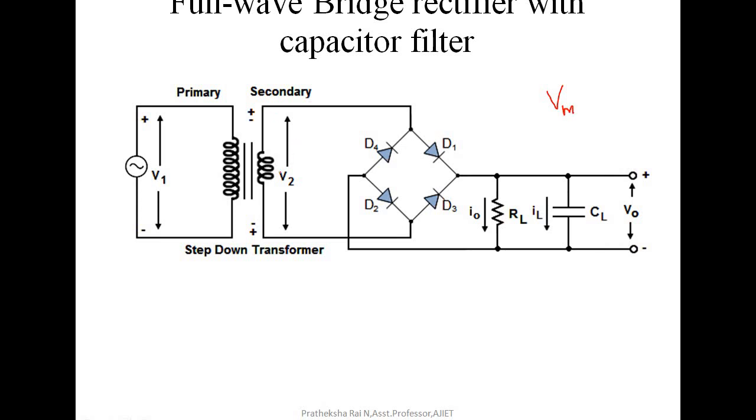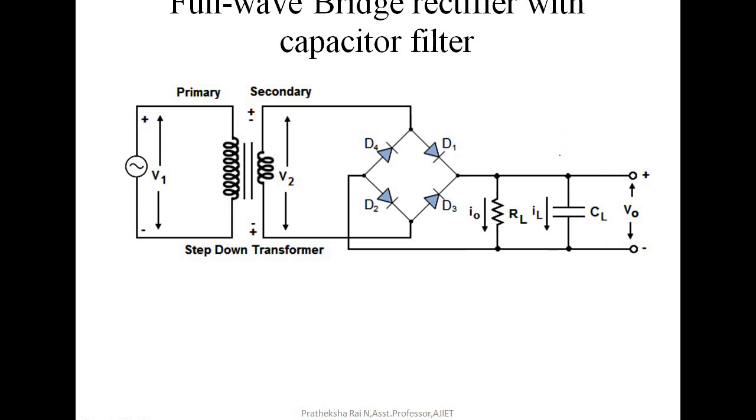Once it reaches Vm, the maximum peak of the secondary voltage, what happens? Now the reverse happens. It starts reducing from Vm and goes to the opposite polarity, right? Because during the negative half cycle, diodes D3 and D4 conduct. What about D1 and D2? They are reverse biased. So what about the capacitor?